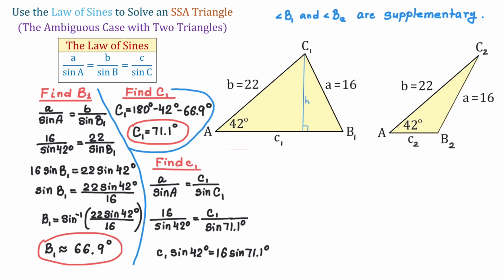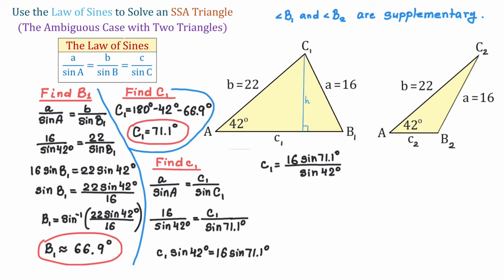And if we divide both sides by sine of 42 degrees, we will have that c sub 1 equals 16 sine of 71.1 degrees over sine of 42 degrees.